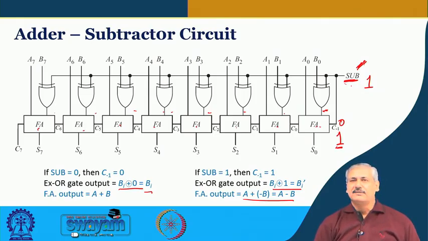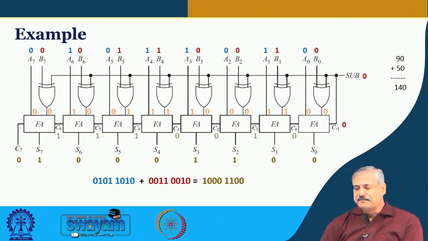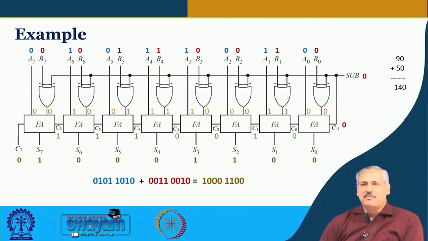Now, we shall look at 2 examples of how it happens in the hardware. We look at an addition example to start with. The numbers that we want to add are 90 and 50, in decimal of course, and then you have to get the corresponding binary equivalent.